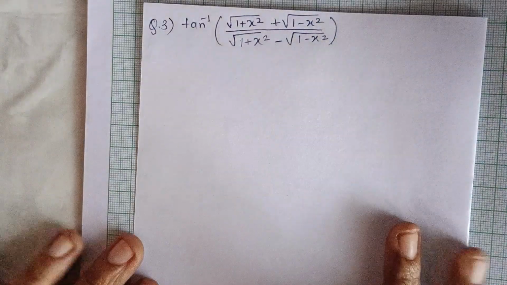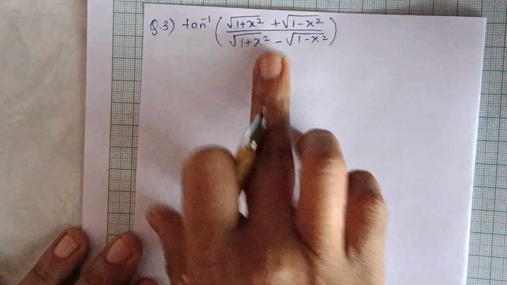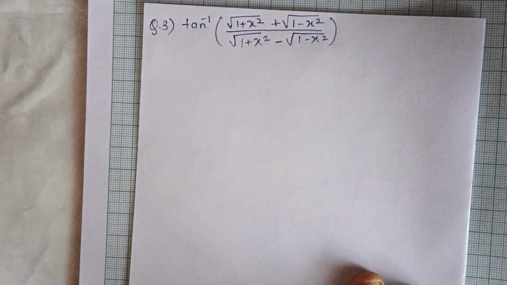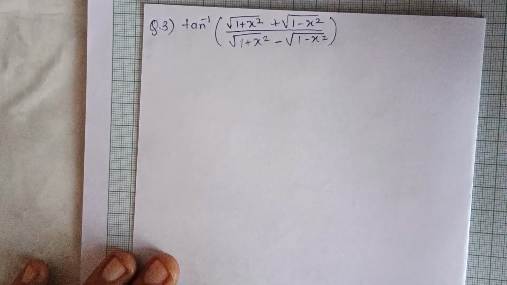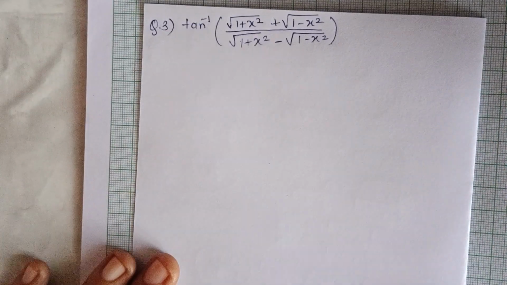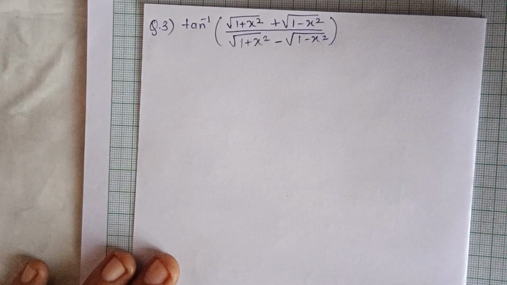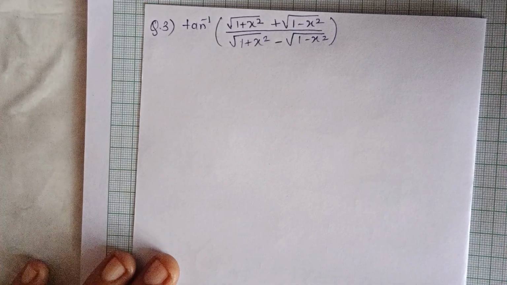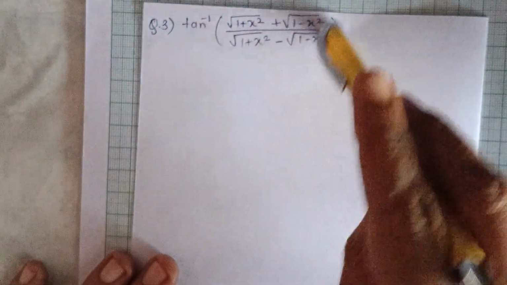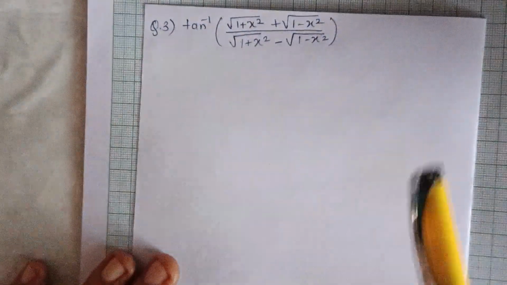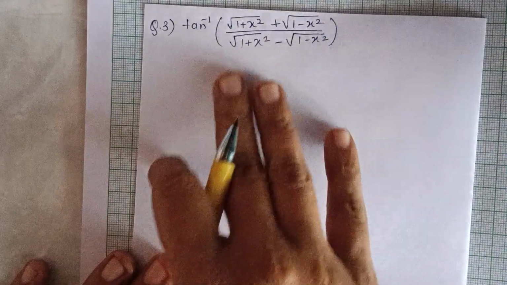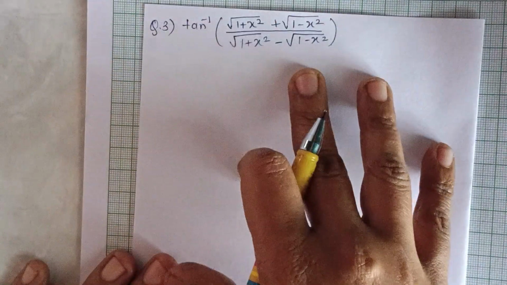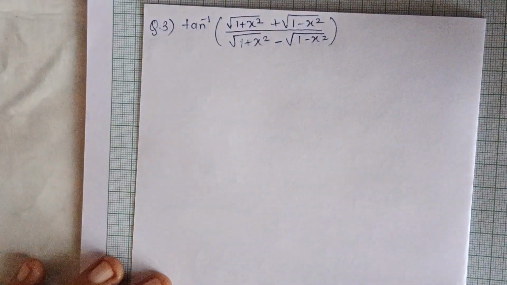Next question. Tan inverse of root of 1 plus x square plus root of 1 minus x square upon root of 1 plus x square minus root of 1 minus x square is given. Okay. So here also we have to do some substitution. We want this to be tan of something because outside it is tan inverse. So if this type of question is given, mostly the substitution is cos theta.